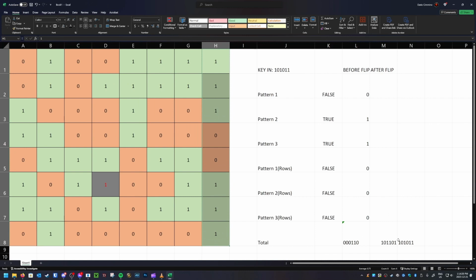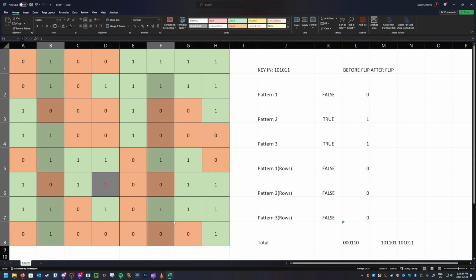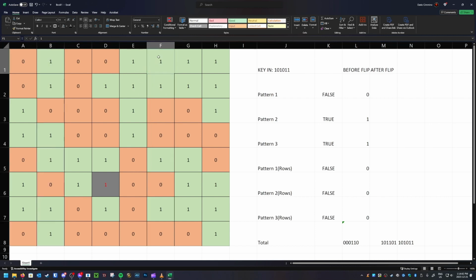That's good. The second bit is 0, so it cannot be in this one or in this one. So we're left with this one or this one. The third one is 1, so it is in the fourth pattern, so we know it's in this column. So we know it's somewhere here.